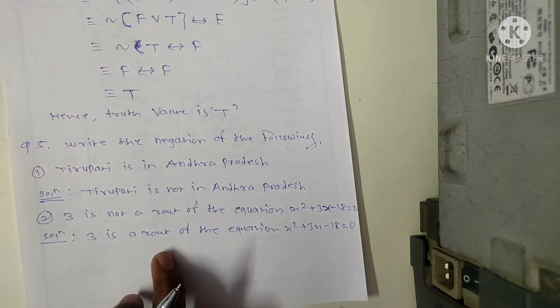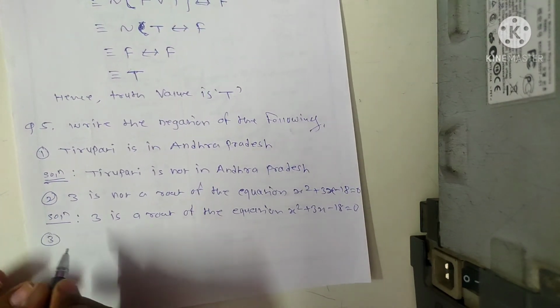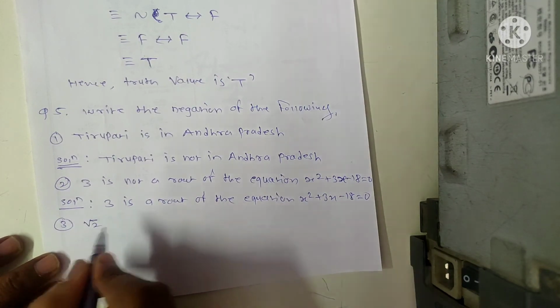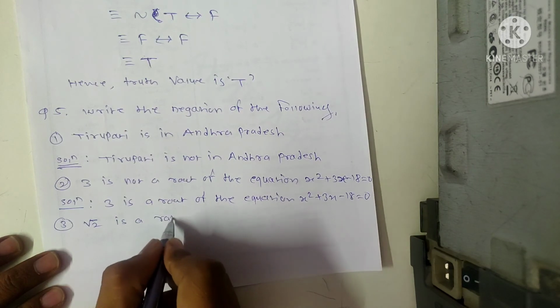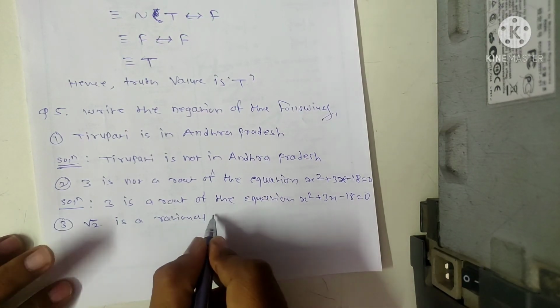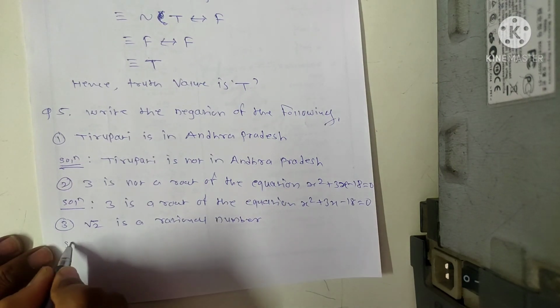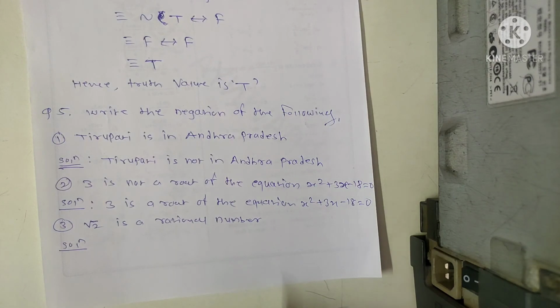Now next is: root 2 is a rational number. Now its negation: root 2 is not a rational number.